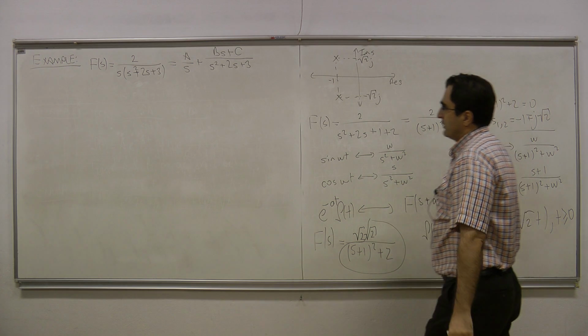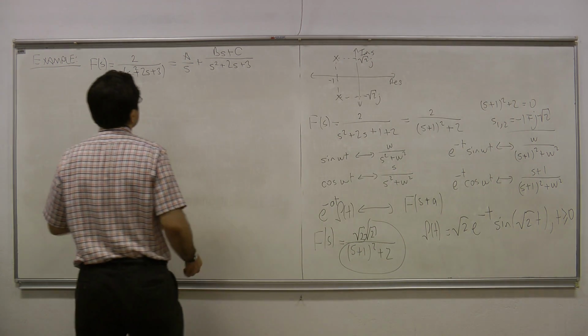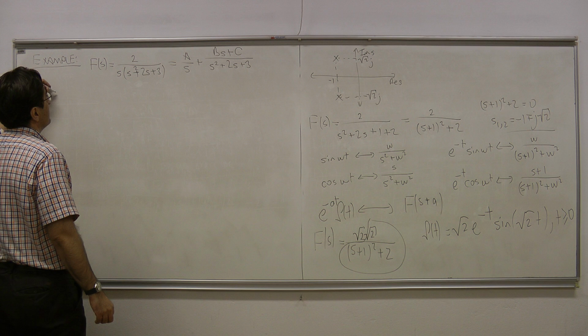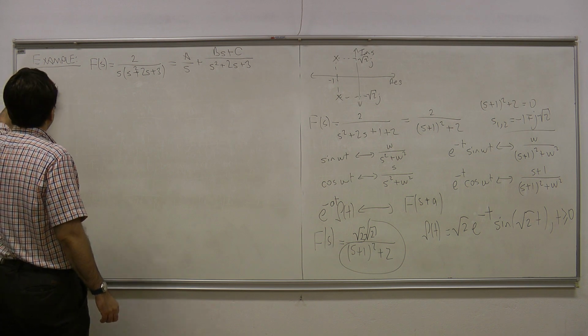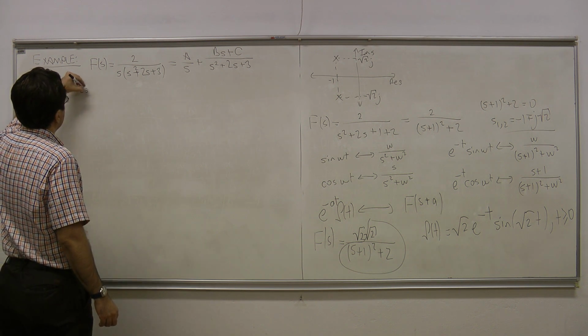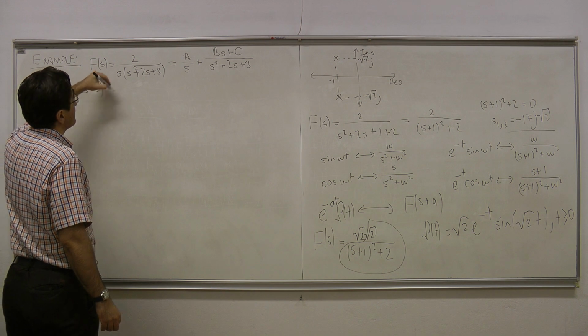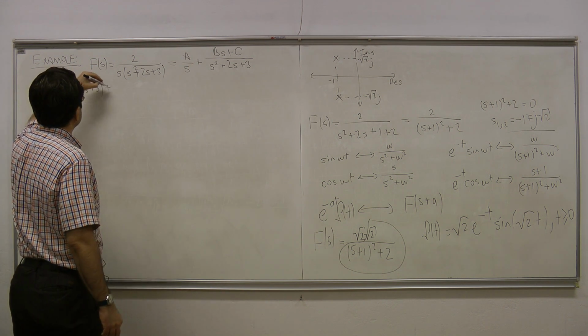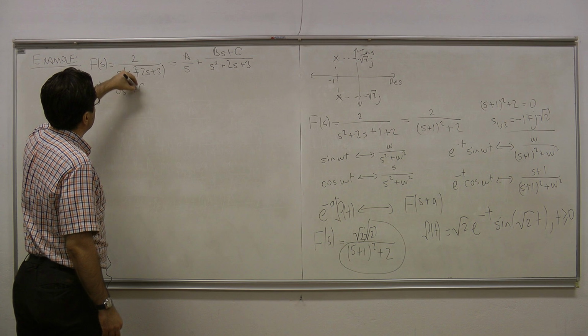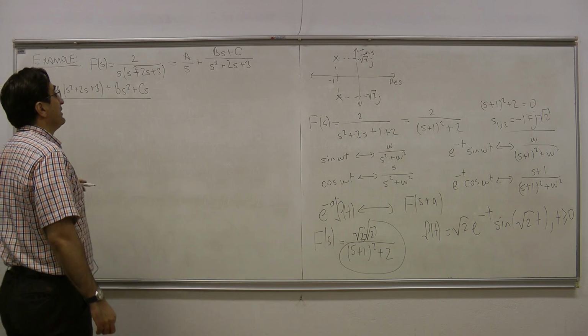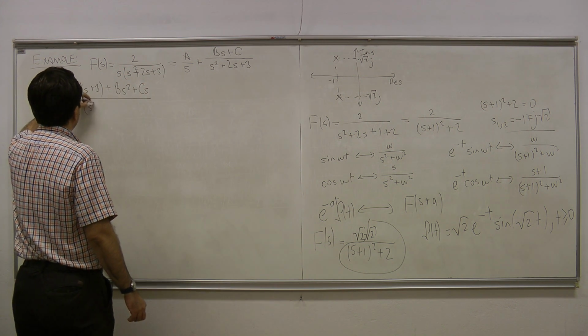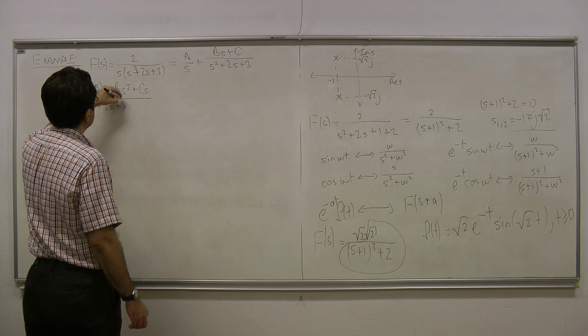Now let us equate the denominators. This is equal to a times s squared plus 2s plus 3 plus s times bs plus c, that is bs squared plus cs, divided by s squared plus 2s plus 3.